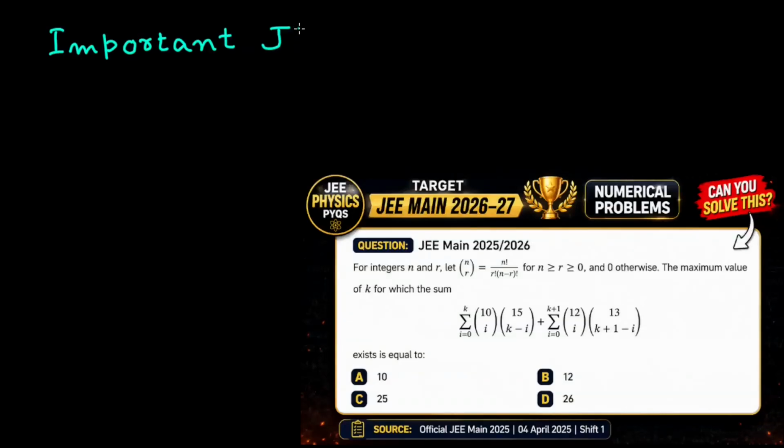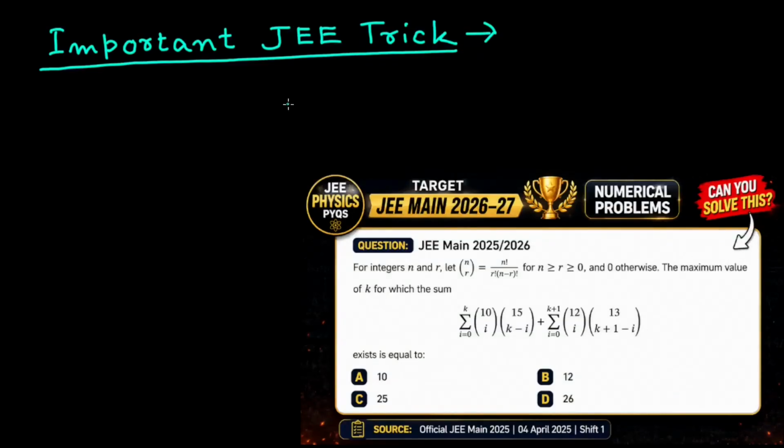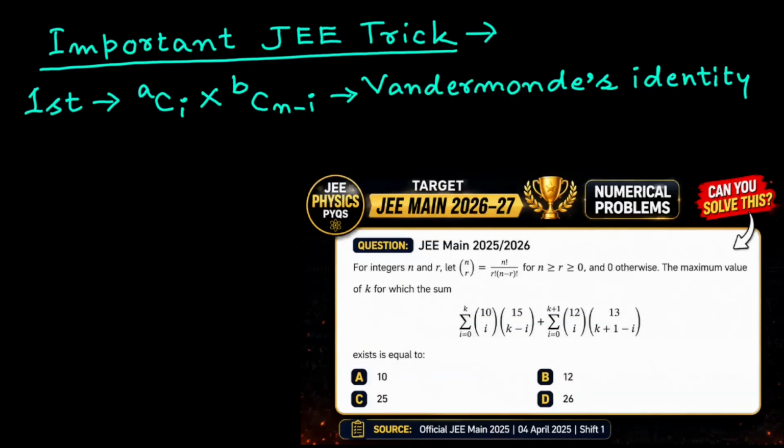Important JEE trick. There are three things to notice in this question. First, whenever you see a sum containing aCi multiplied by bC(n minus i), immediately think of Vandermonde's identity. Second, after applying Vandermonde, if you get two consecutive binomial coefficients such as 25Ck plus 25C(k plus 1), use Pascal's identity.